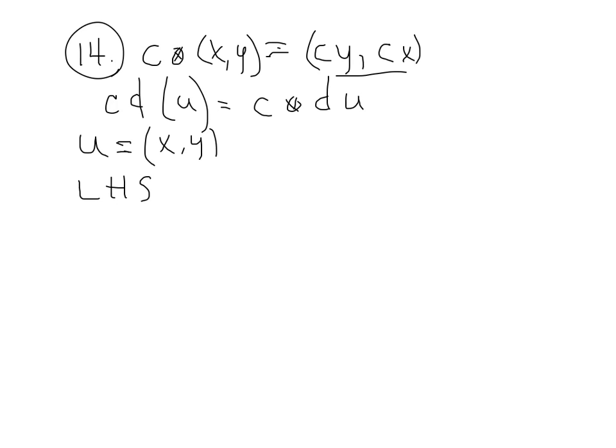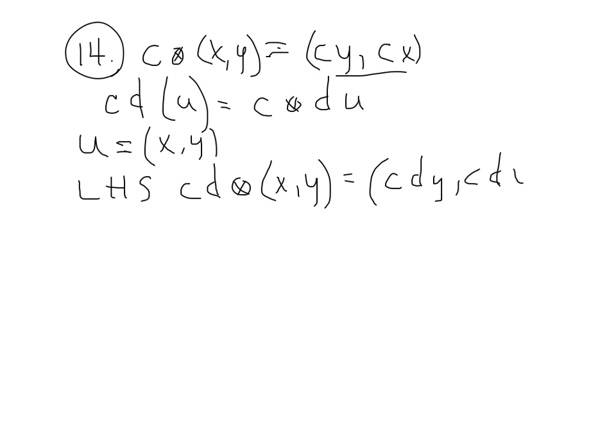Our left-hand side is cd times xy. And when we multiply a constant times this, remember it says we reverse those. So we get cdy, cdx.